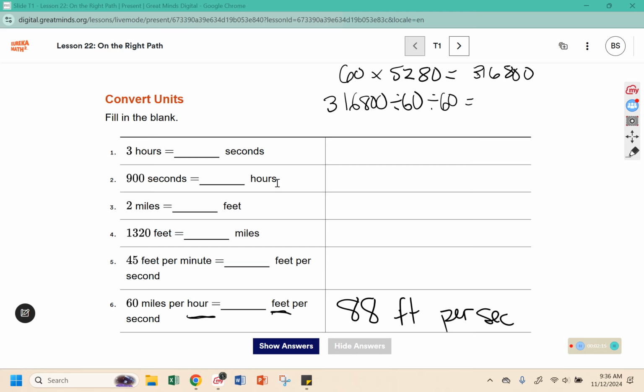To turn seconds back into hours, we would divide by 60 2 times. So complete that warm-up before moving on. You can pause here if you need to.